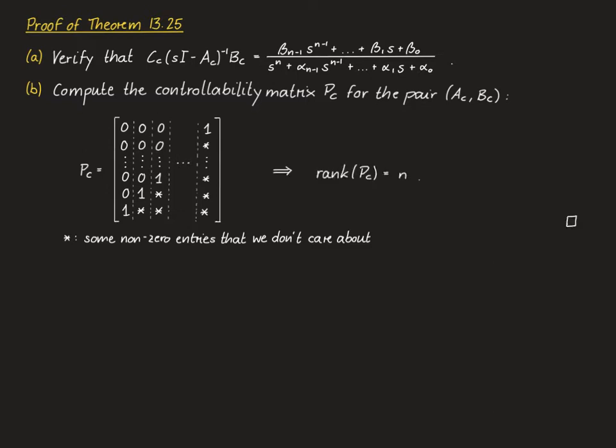Note, however, that no matter the entries in the places with a star, this matrix will always have rank n, and therefore the system is controllable.